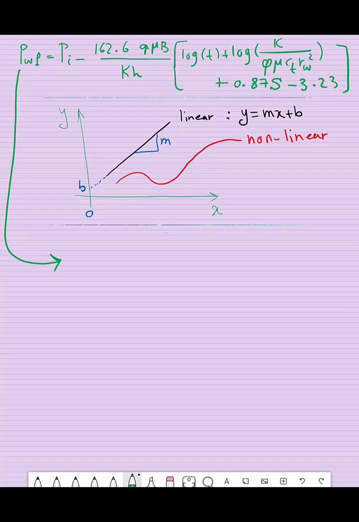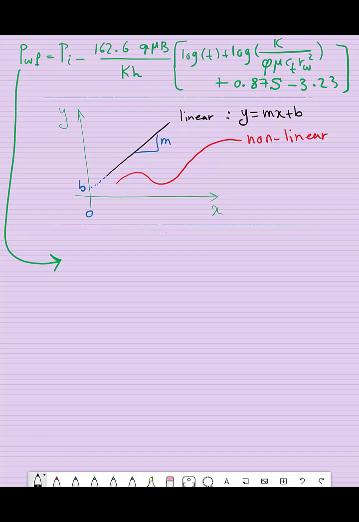If I plot PWF versus time, do you think it's going to be a linear curve or a nonlinear curve? It is going to be a nonlinear curve because we have a log term here, and that is why the whole equation doesn't look like something like this.